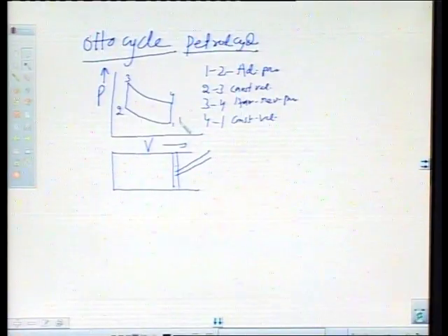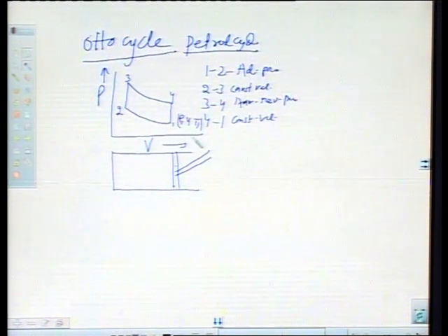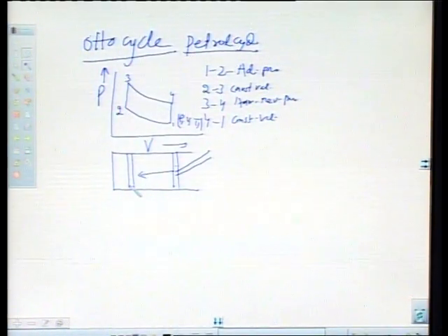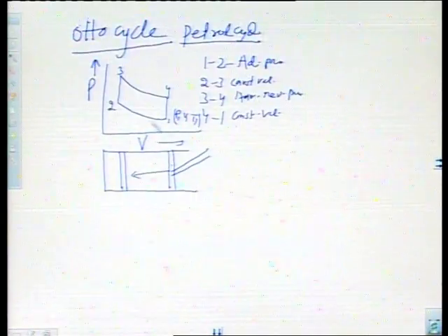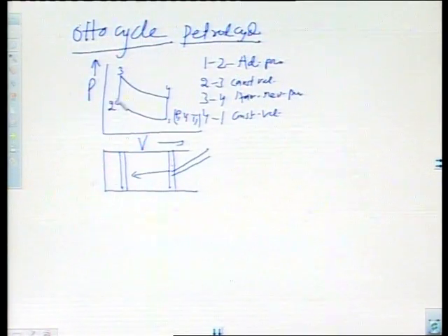Let us say at this point the pressure, volume and temperature are P1, V1, T1. Then this piston moves to the top dead center, that is from 1 to 2 compression takes place and the second point is plotted here.